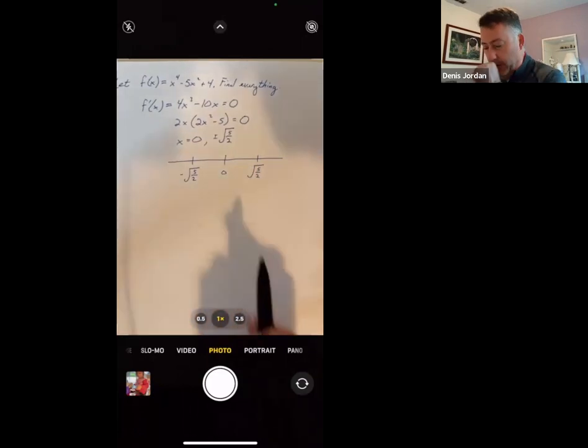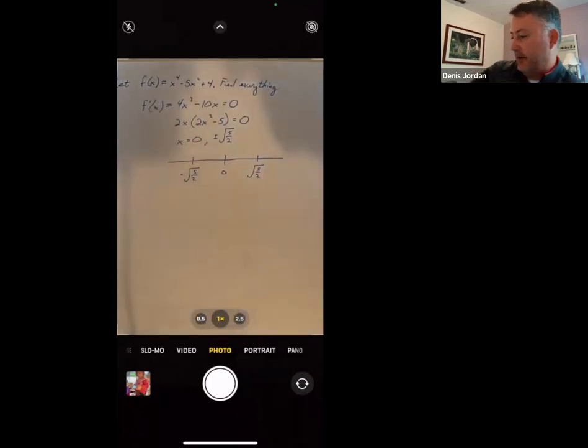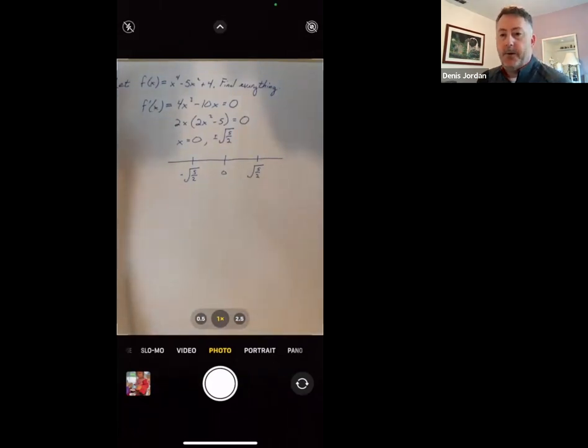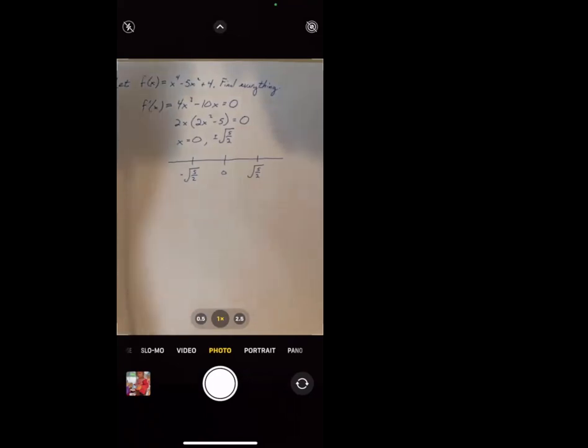Okay, so set up your number line with your critical numbers on there. And then what did you do from here? Plugged in numbers within the bounds. So like -2.